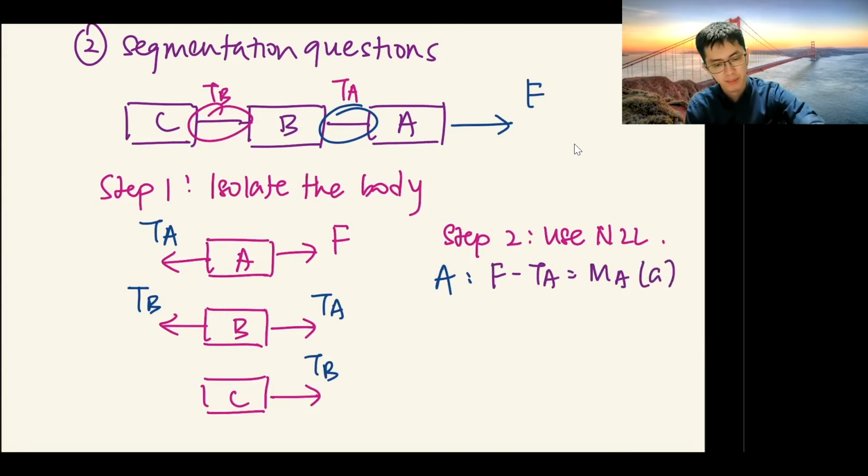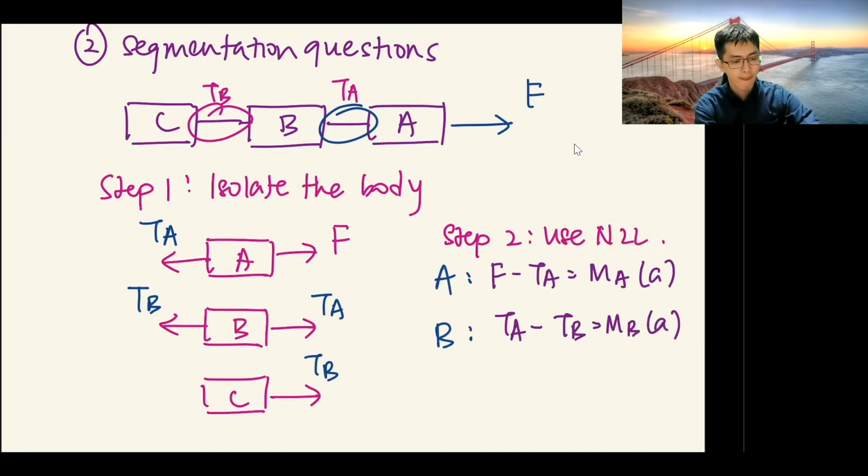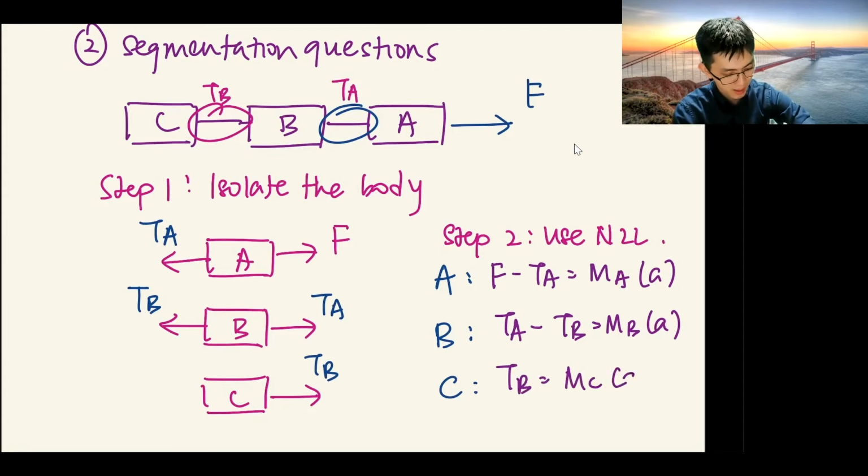That's for A. Then for B it will be TA minus TB equals MB times a. And then for C, we have TB equals MC times a.